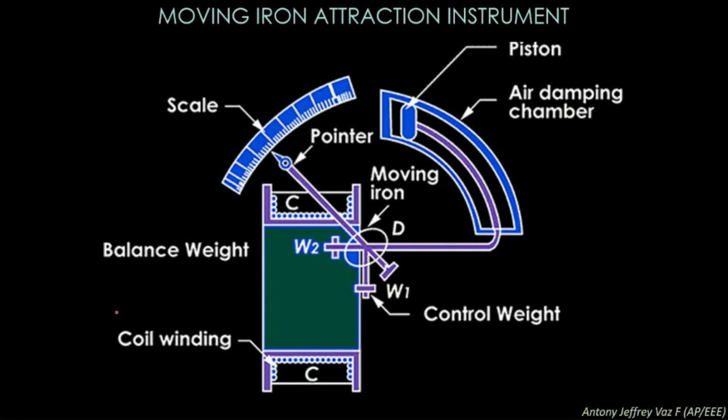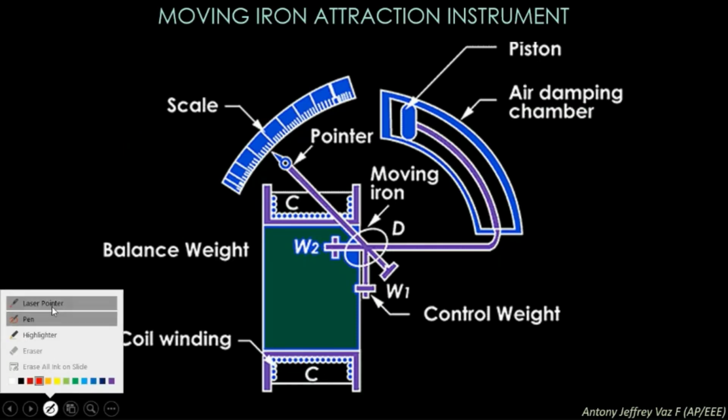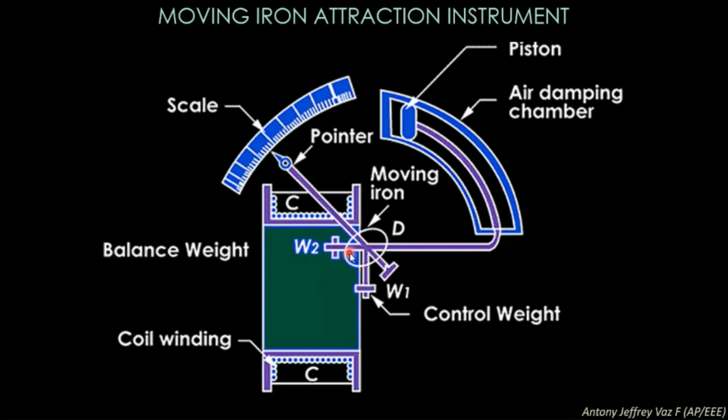So this is the operating principle and working principle of a moving iron instrument. Okay, this is the disc, this is the pointer and the scale arrangement, this is the air damping chamber, and this is the coil. Once you provide the supply to the coil, that is the voltage or current to be measured, this moving iron disc is going to rotate to a position where there is minimum reluctance.